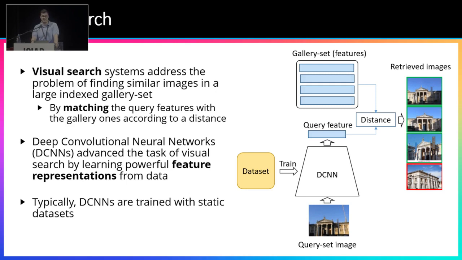Recently, DCNNs have significantly advanced the task of visual search by learning powerful feature representation from data. Typically, these models are trained on static datasets. That means that all the data is available during the training of the model.